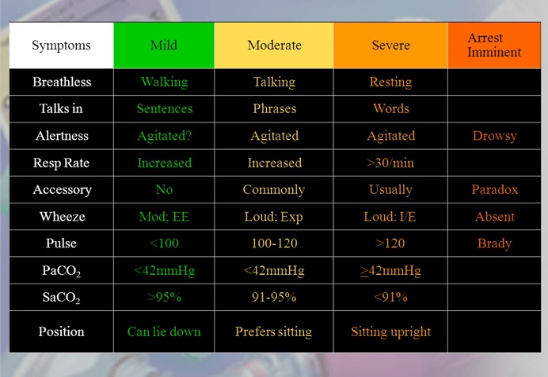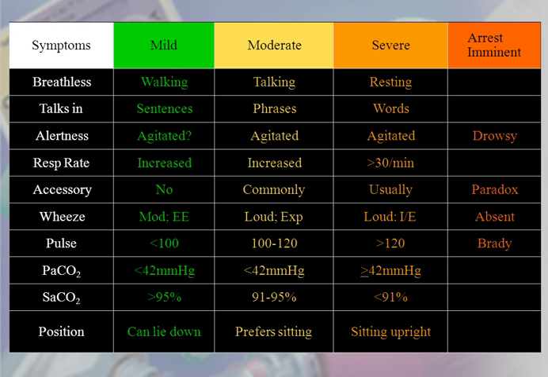All right, I'll let you look at this slide real quick. Essentially, we look at the symptoms: breathlessness, talking, alertness, respiratory rate, accessory muscles, wheeze, pulse, the partial CO2, saturated O2, CO2, and our position when we find them.